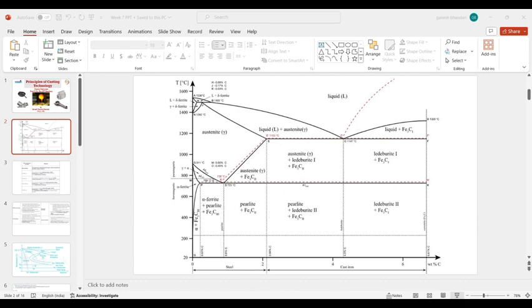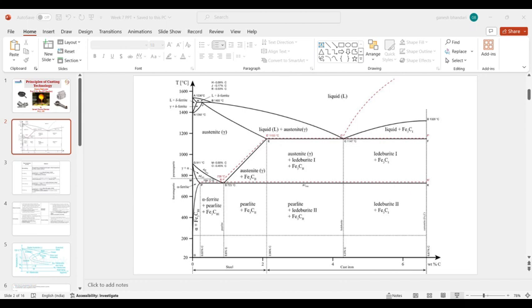As we can see here, iron containing up to 2.06%, maximum 2.06% of carbon, will be called steel. After 2.06% carbon until 6.67% carbon, that iron is going to be named cast iron.